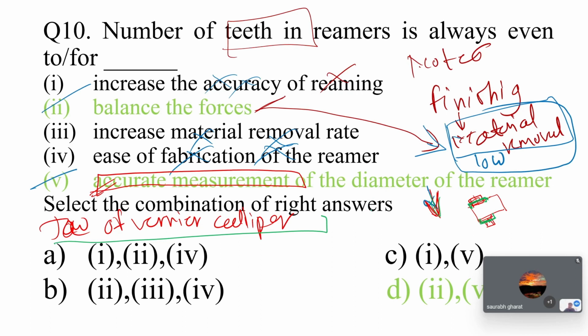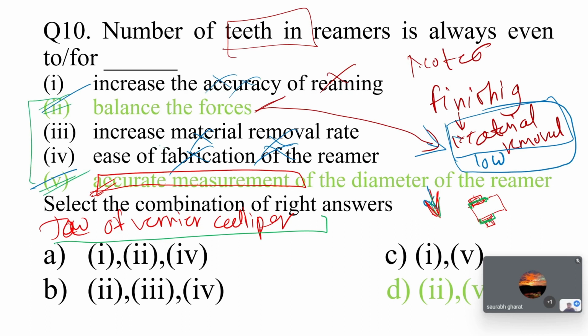The vernier caliper will be correctly placed on the exact diameter. To get exact diameters you need an even number of flutes. So balancing the force and accurate measurement are the correct answers.